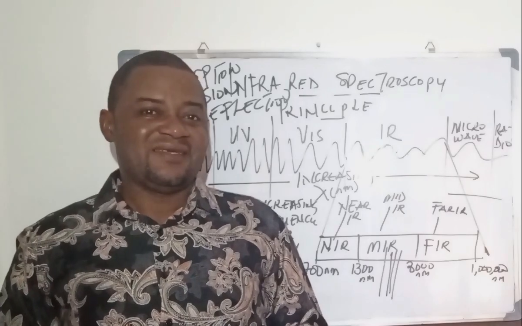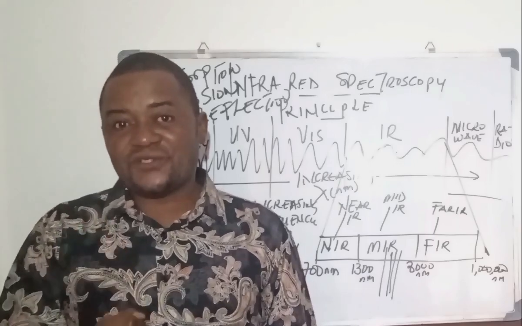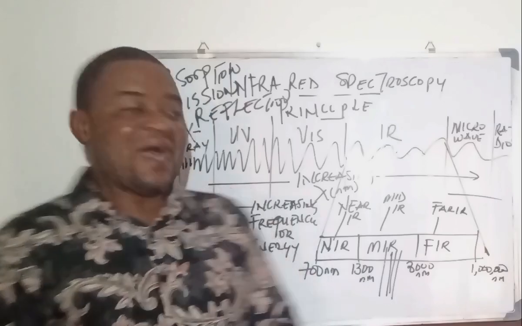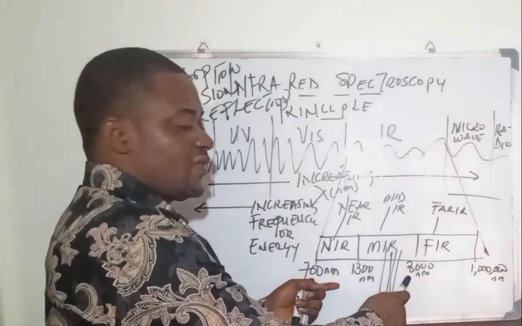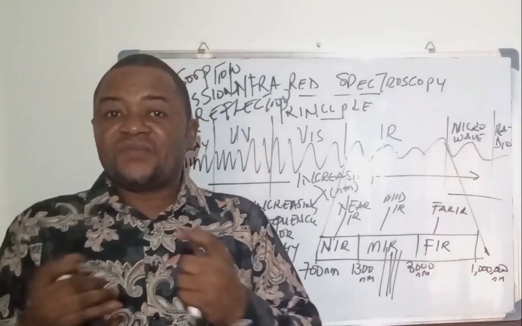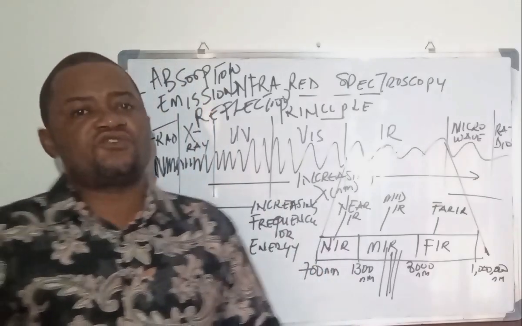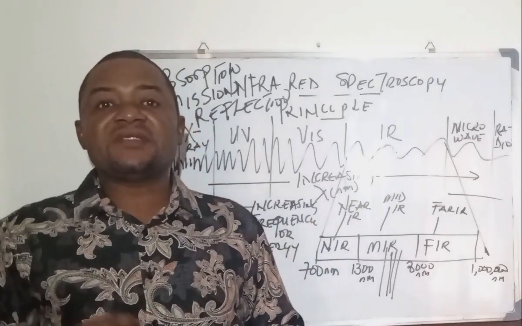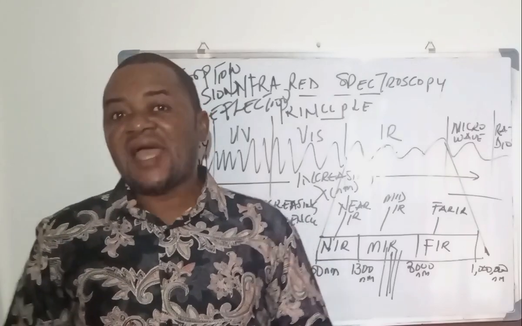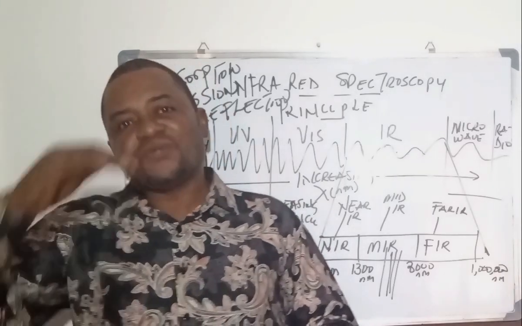Do not forget that everything boils down to the fact that there is going to be an absorption, this time not UV-visible radiations, but absorption of what? Of infrared radiations at the range of 1300 nm to 3000 nm, and that is going to hit on what? On the dipole moment of that particular molecule, in that substance or sample you are trying to do what? Carry out analysis on. And once that happens, it will affect the vibrational energy and also the rotational energy of the molecule, hence causing an excitation of vibrational energy from the ground state to the excited state.